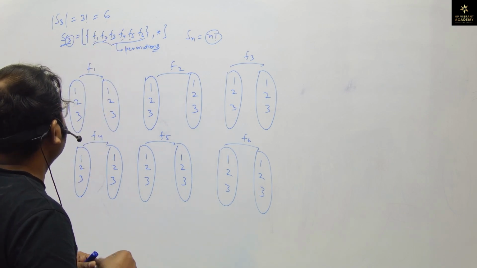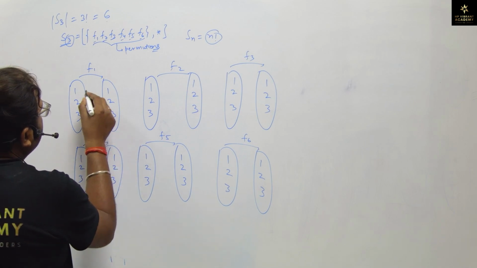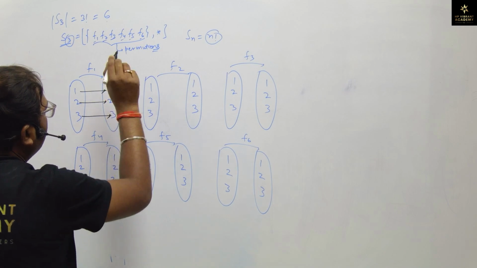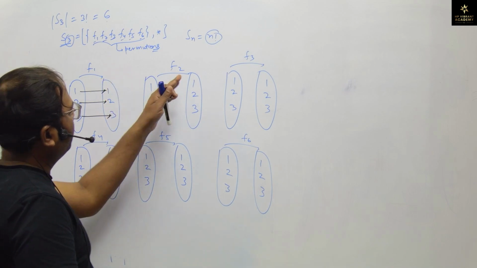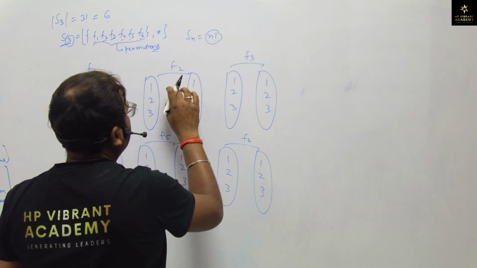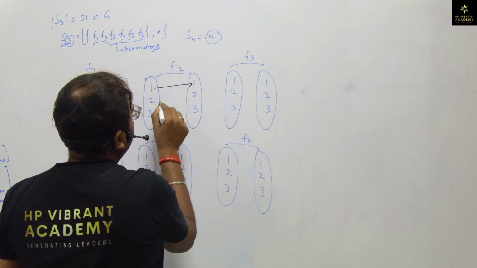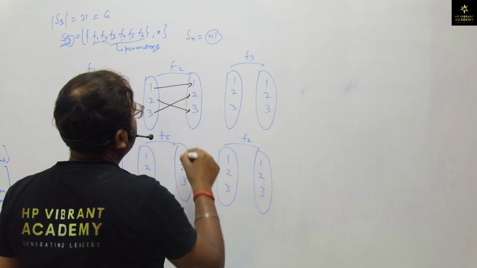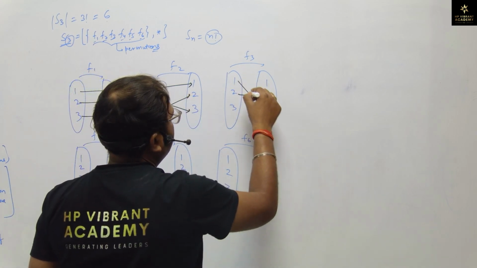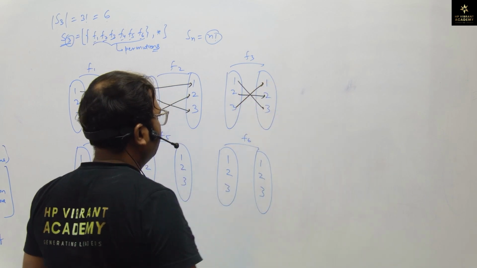Let us do the mapping. So we have 1 goes to 1, 2 goes to 2, 3 goes to 3. So this is one of the bijections. Now in F2 we have 1 goes to 1, 2 goes to 3, 3 goes to 2. Now let us take 2 goes to 2 first, so 1 goes to 3, 3 goes to 1.